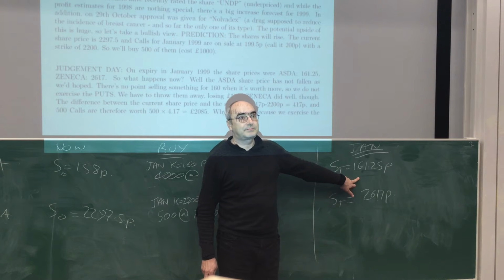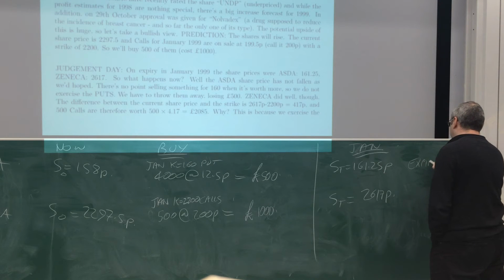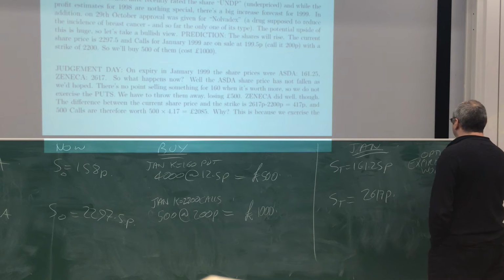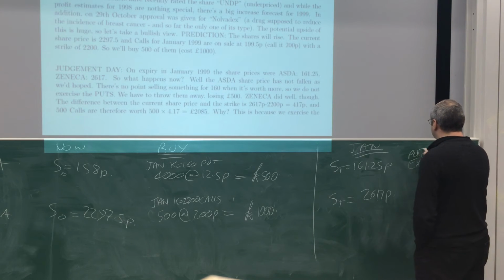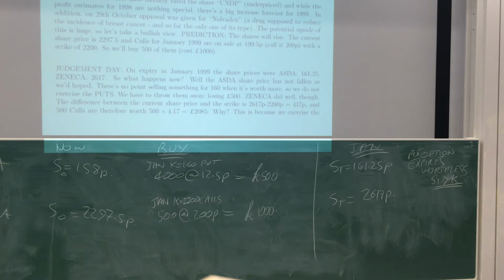So these ones expire worthless, because S sub T is greater than K. If the expiry price is greater than the strike price for a put option, you don't bother. Okay?